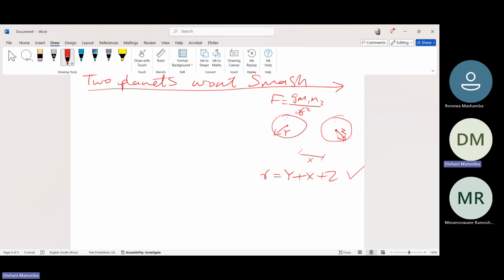Okay, if you have a planet and a small object, if the radius of the planet is y and the distance between the planet and the object is z, what is the value of r, Mamswan?